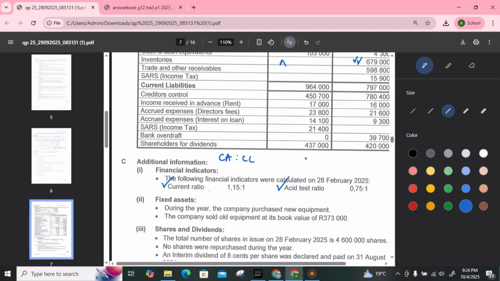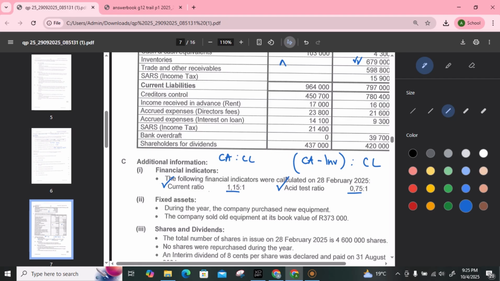And then for asset test, it is current assets minus inventory, all as to current liabilities. So the difference between this and this represents our inventory. The difference between 1,15 and 0,75 represents inventory. Now, do we have the figures that we can apply for this ratio to work?